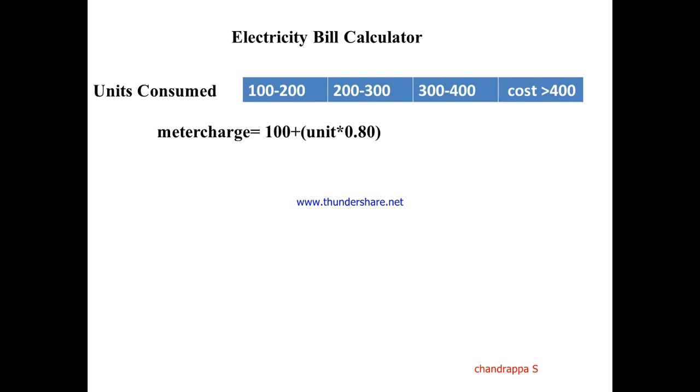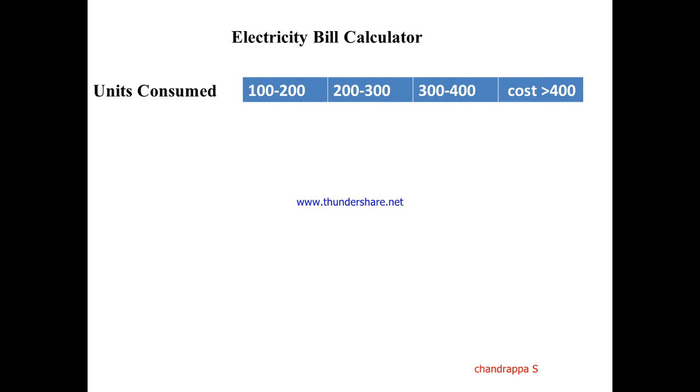Meter charge is given by meter charge equal to compulsory charge. Here the compulsory charge is 100 plus the number of units consumed into 0.80 cost per unit.